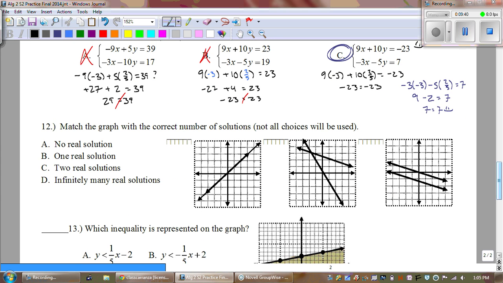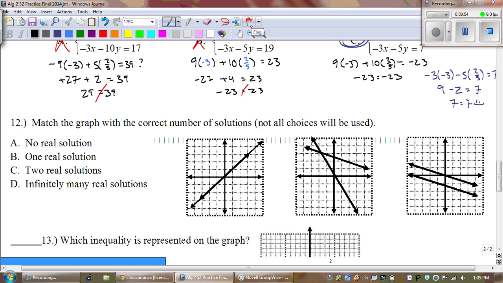All right, number 12. Number 12 says to match the graph with the correct number of solutions, and not all choices will be used. So let's see. Oh, these are supposed to be lines, so we're supposed to have lines right here.